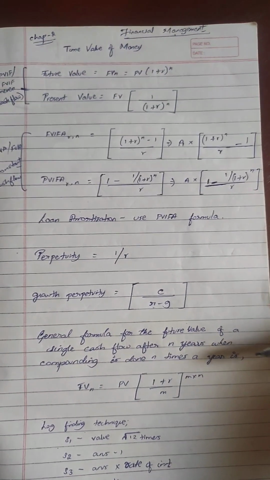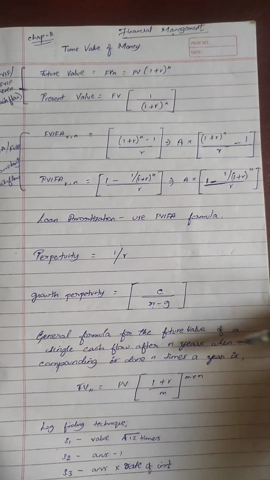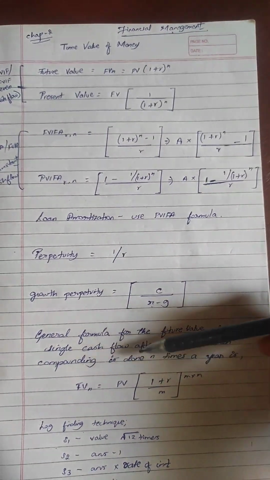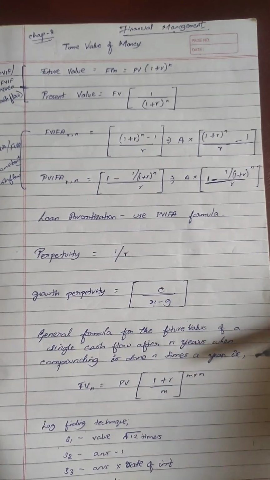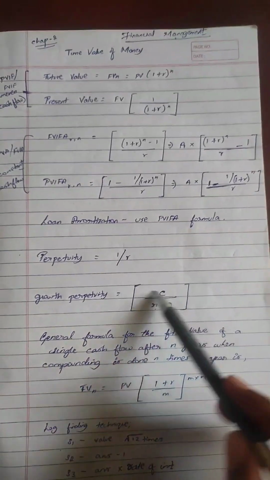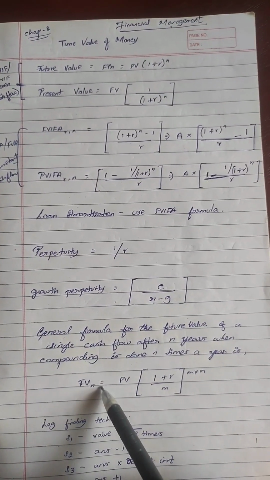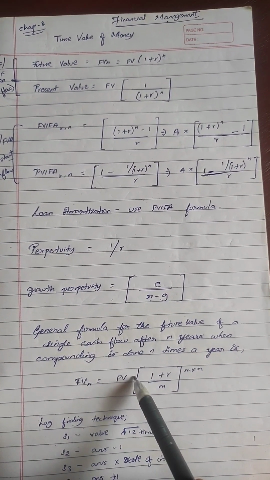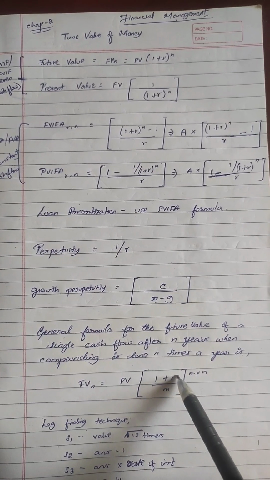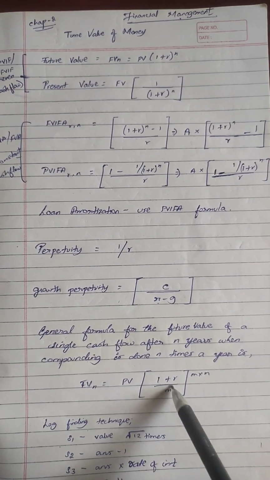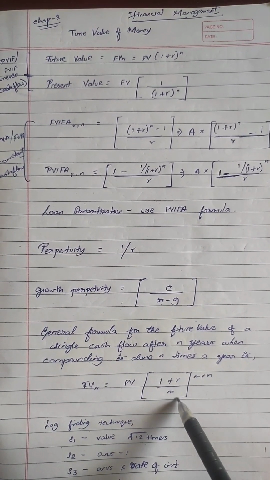The next important formula is when the question gives the compounding period as well as the number of years. At that time, we use this formula: future value equals present value into (1 plus R divided by M) power M into number of years, where M is our compounding period.